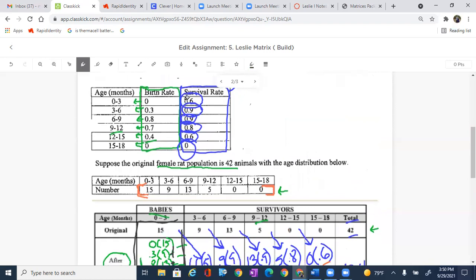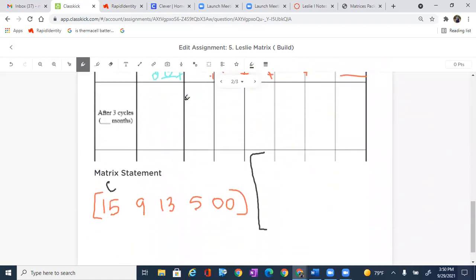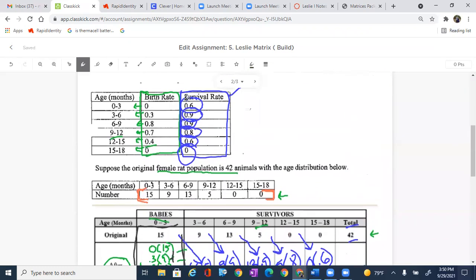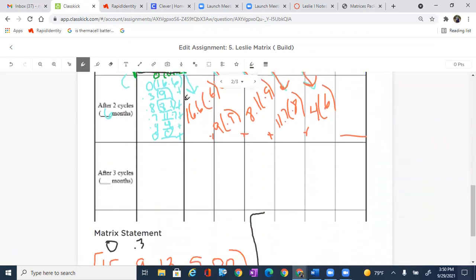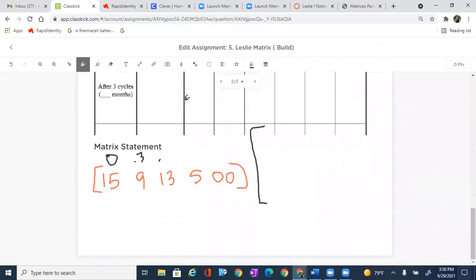So I take the birth rates: 0, 0.3, 0.8, 0.7, 0.4, and 0. And then I go ahead and multiply them.